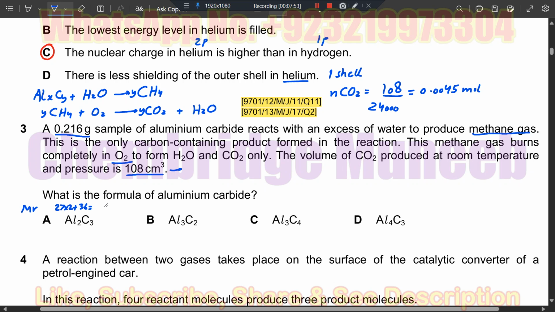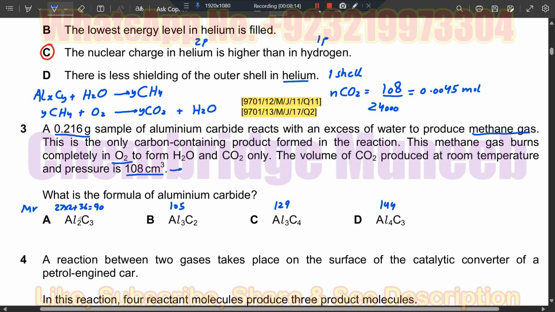This shall give you 90. So mass is 90 for this compound. You can similarly calculate the MR value for the other aluminum carbide compounds: 105 for this compound, 129 for this compound, and 144 for this compound.